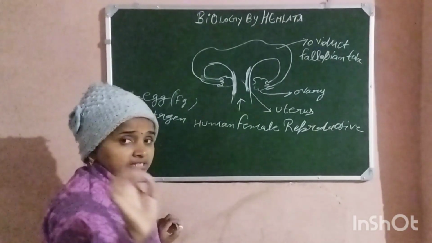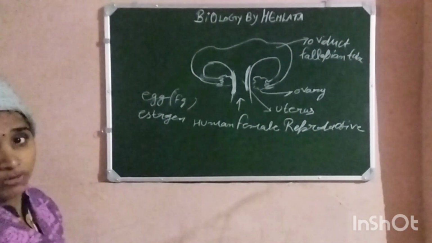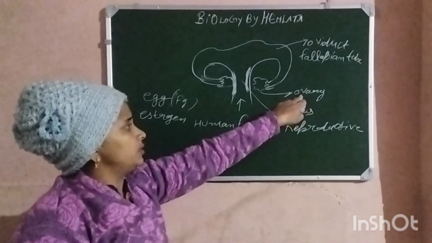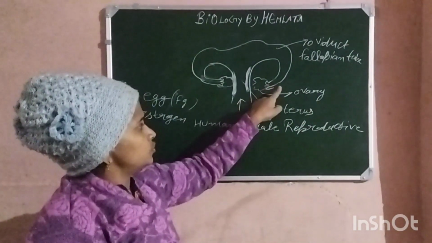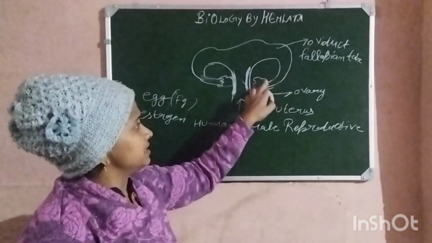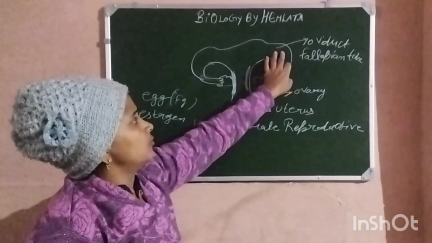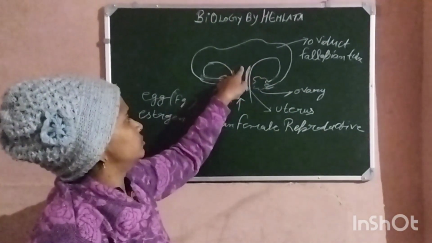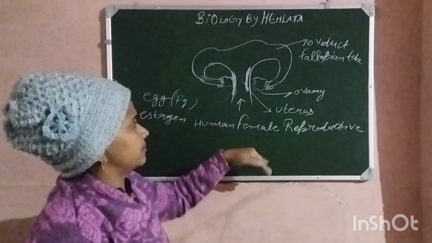If fertilization takes place, that is the process. If there is no fertilization, then what will be the fate of the ova? The same procedure will be there. The ovary, during the menstruation cycle, will produce egg or ova. It will be received by the fallopian tube. It will wait here in the fallopian tube. If there is no fertilization, then it will reach the uterus, and along with the uterine wall it will rupture.